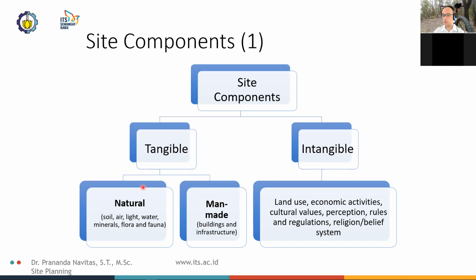Tangible components may be natural, they may be man-made. Natural components include soil, maybe the air quality, light or sunlight exposure and duration, water runoff, maybe minerals that can be found underground, and then of course flora, fauna, any specific or local species, or maybe there are invasive species and so on.